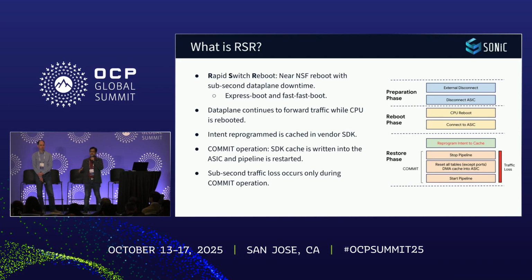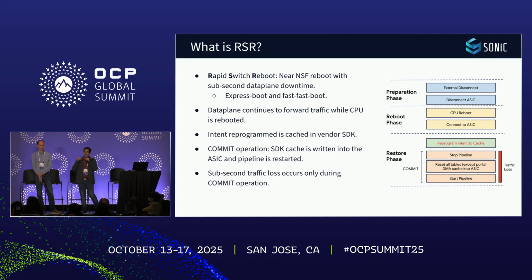Once all intent has been reprogrammed, there is a signal called commit which tells the SDK to push all that intent into the hardware. During that commit operation, the forwarding pipeline is stopped. All tables except the port tables are reset, and the SDK cache is pushed into the hardware. And finally, the pipeline is restarted.